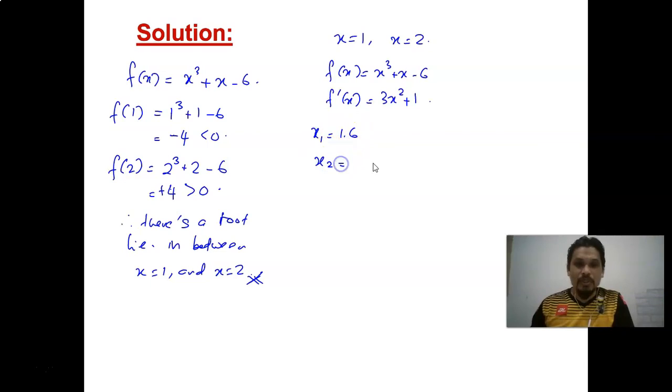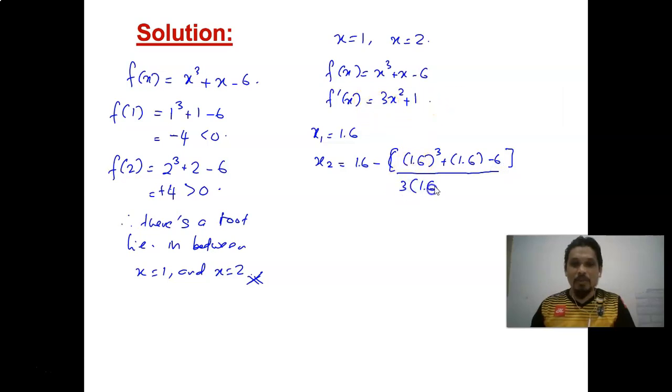So x2 equal to 1.6 minus 1.6 cubed plus 1.6 minus 6, divided by f prime, 3 times 1.6 squared plus 1. Okay, use your calculator.